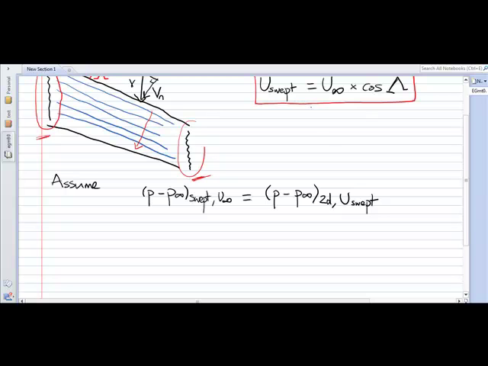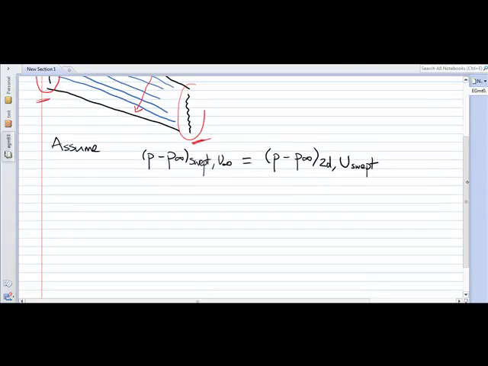But we're going to assume that our p minus p infinity values have isobars parallel to the leading edge. So p minus p infinity for a swept wing at u infinity is equal to p minus p infinity for a 2D wing, because we're going to apply this to the Prandtl-Glauert rule, at u swept. Okay, so at a free stream condition of u swept.